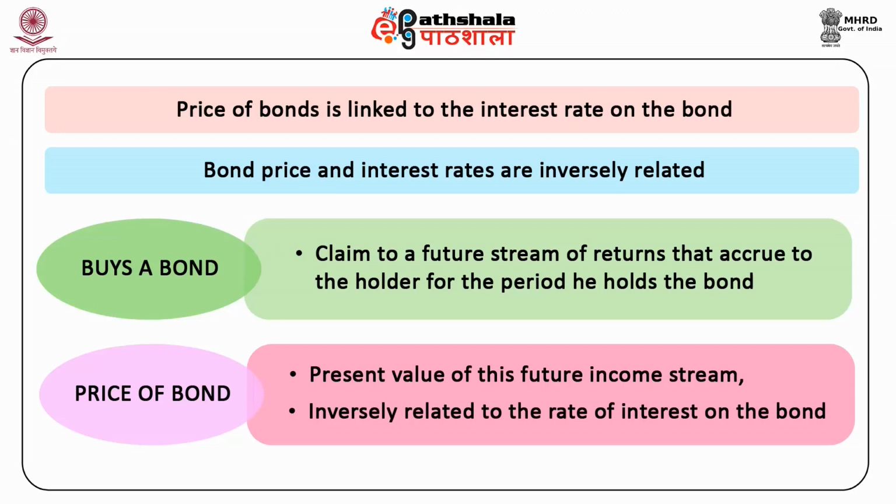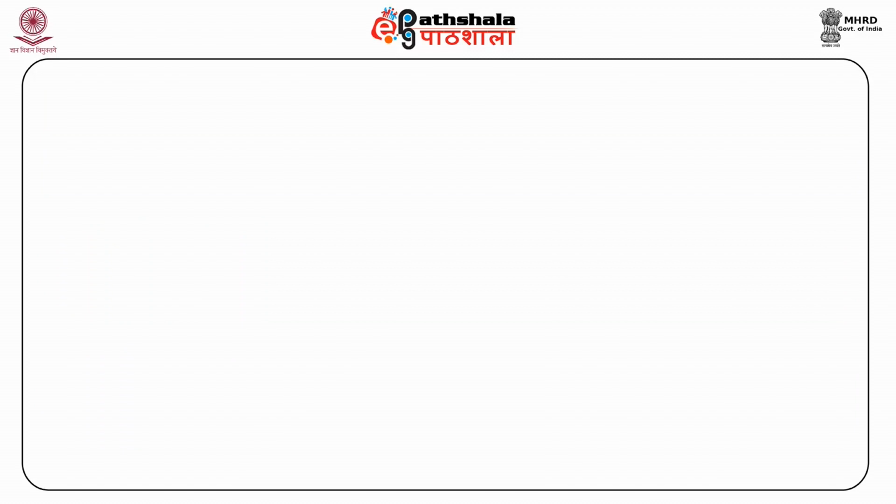Let us get clarity on this concept with the help of an example. A bond promises to pay a certain stream of income in future years to the holder with the payment of principal amount at the end of the maturity period.